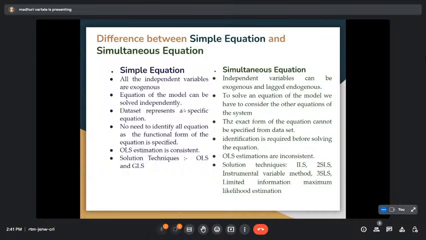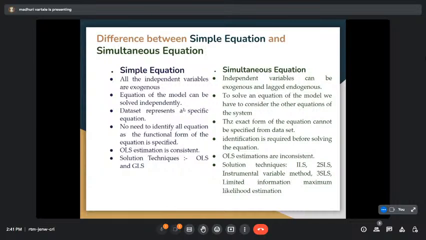So no need to identify all equations as the functional form of the equation is specified, and OLS estimation is consistent in the simple equations. Even we can say the solution techniques like OLS and GLS can be utilized under the simple equations.